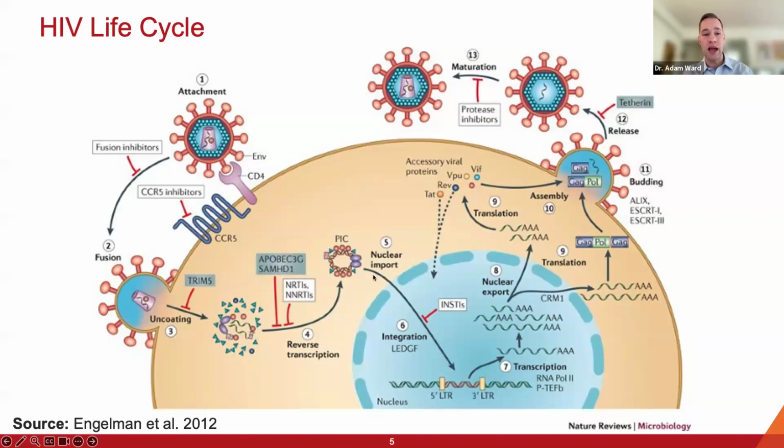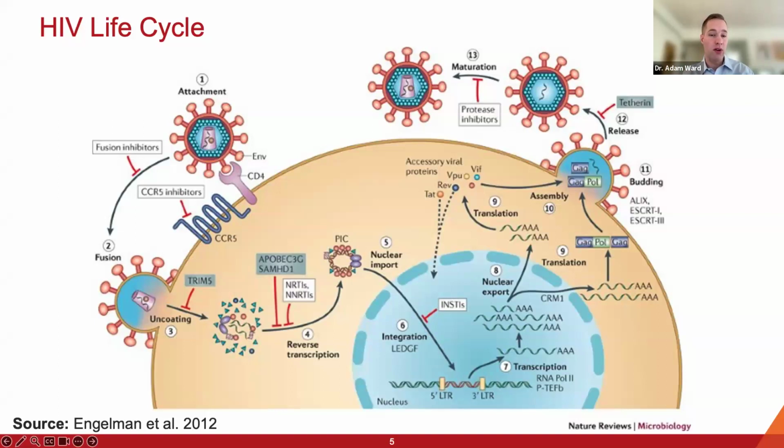And then the new viral DNA is imported into the nucleus of the cell that it's infected. And this is a very important process here called integration. The viral DNA, with the help of an enzyme called HIV integrase, is integrated into the DNA of the cell that it is infecting.